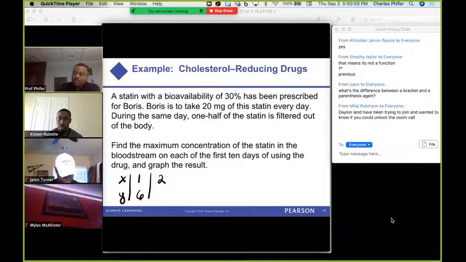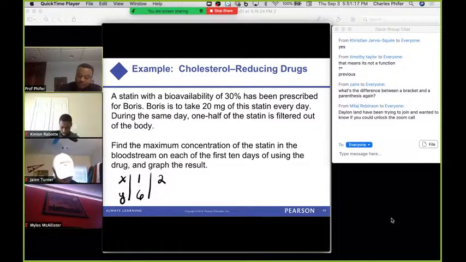Then on the second day, it takes 24 hours for it to... what does it say? Only half the statin is going to be filtered out. So on the next day, half is going to be available plus an additional 6 because now he's going to take another 20 milligrams. So it's 6 milligrams plus half of the previous.